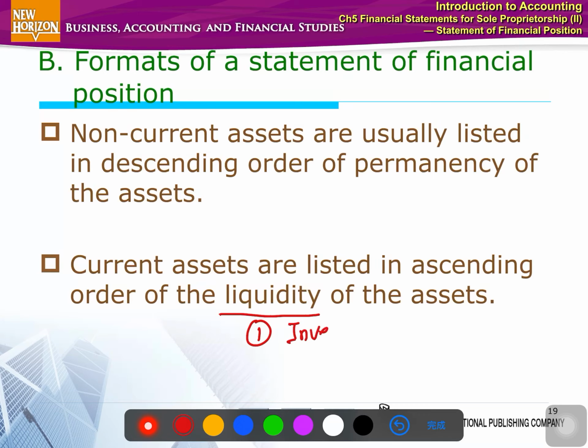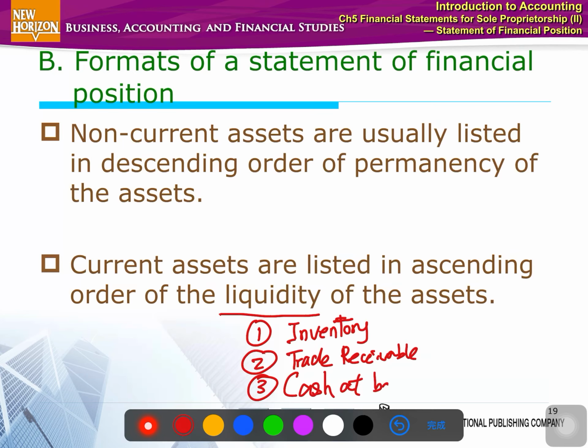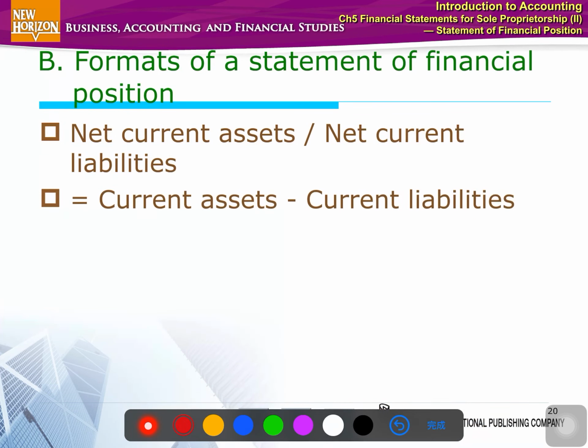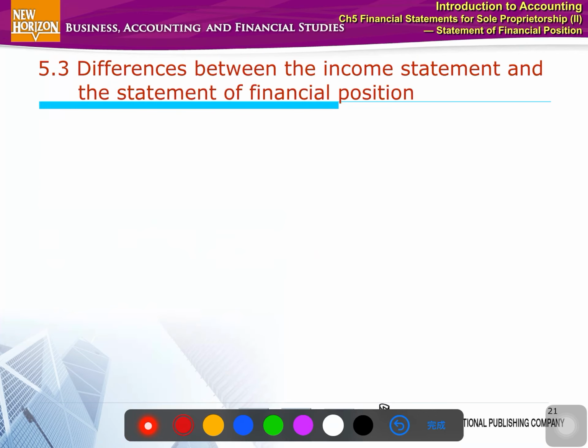So the order should be inventory, which is the most difficult to convert into cash, then trade receivable, then cash at bank, and lastly cash. Current assets less current liabilities is equal to net current assets. Another term is called working capital.